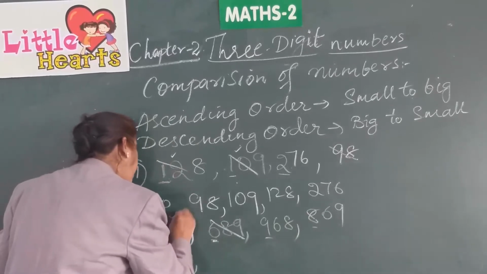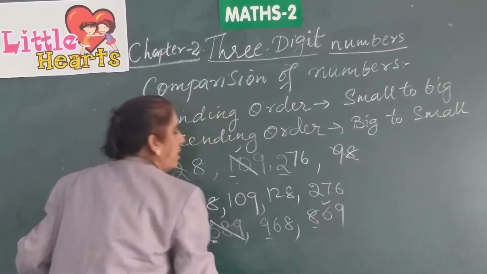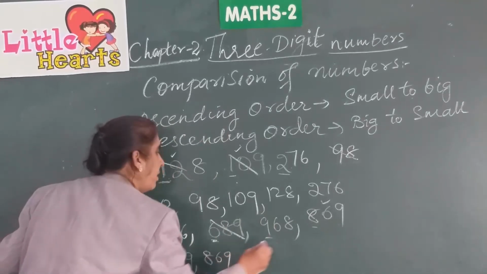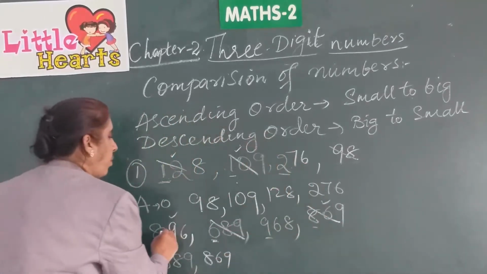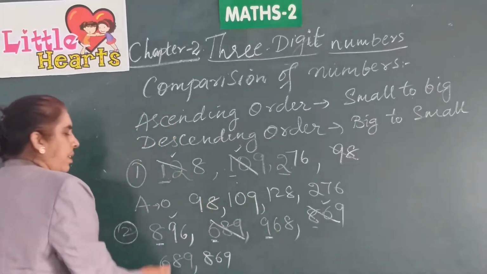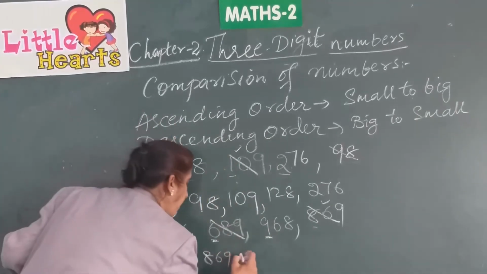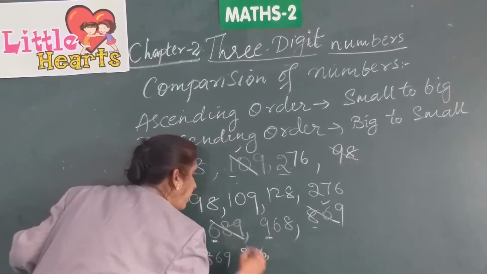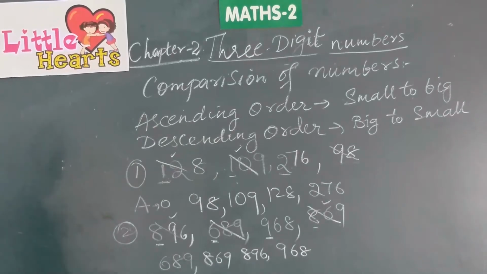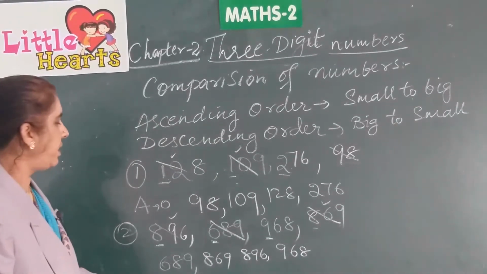Come to the tens place. 9 and 6. 6 is less than 9. So next comes 869. Among these 2, 8 in the hundreds, 9 in the hundreds. This is smaller obviously, so 896, 968. In this way you can arrange the numbers in ascending order.